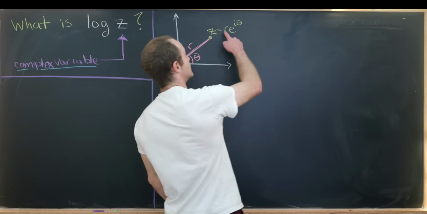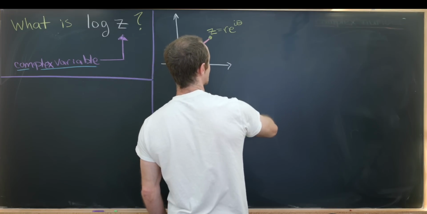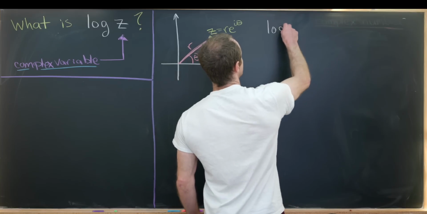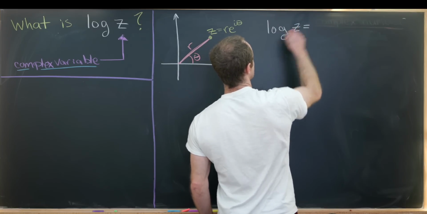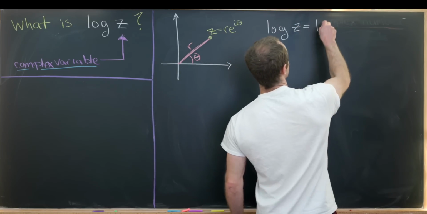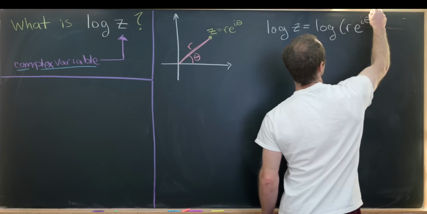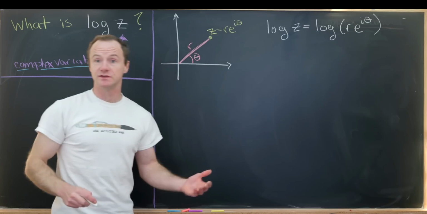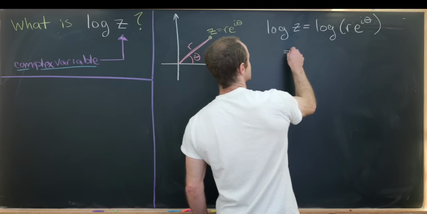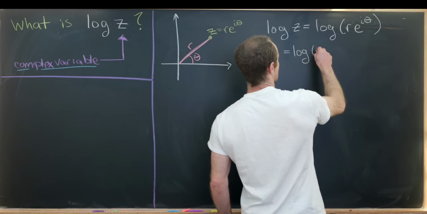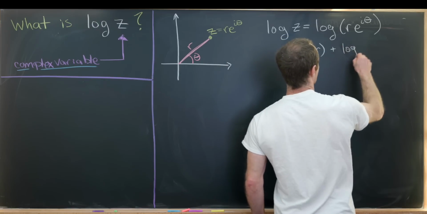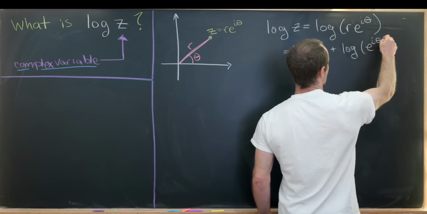Okay, but notice using this setup here, it's very natural to take the logarithm. So we could take the log of z here, and that's going to give us the logarithm of r times e to the i theta. But then we can use some logarithm rules. So this is going to be the logarithm of r plus the logarithm of e to the i theta.